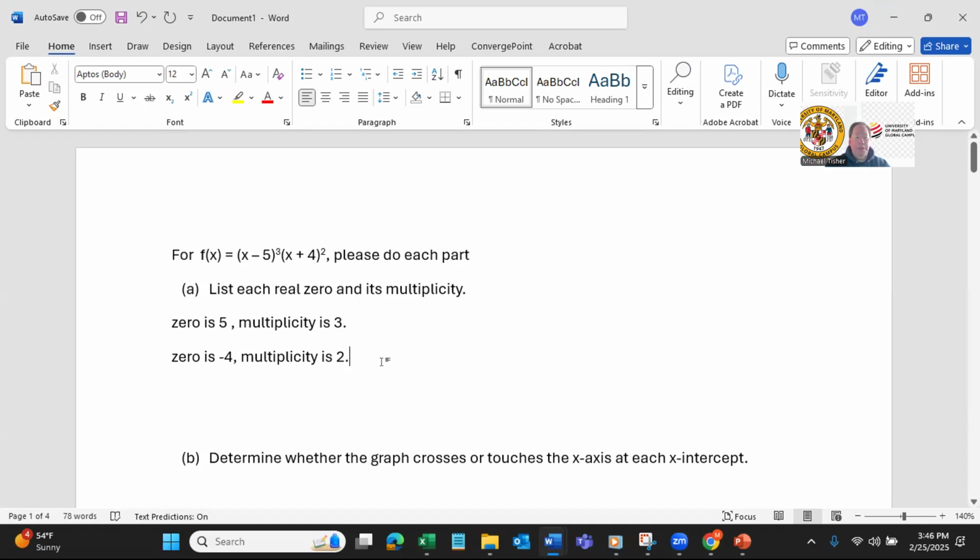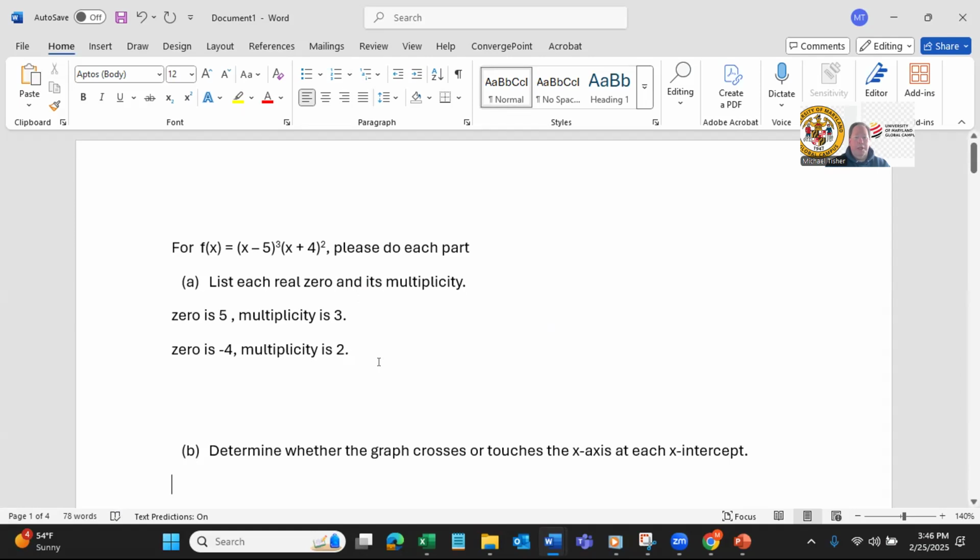All right, now let's do the B part. B part says to determine whether the graph crosses or touches the x-axis at each x-intercept. So here, we're going to use the fact that an x-intercept is the same as a zero. Basically, we want to know, does the graph cross or touch the x-axis at 5 and also negative 4? So let's look at the zero of 5. That corresponds to an x-intercept of 5.